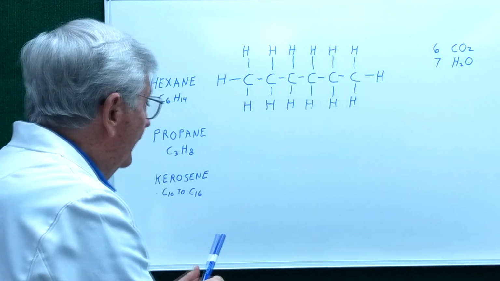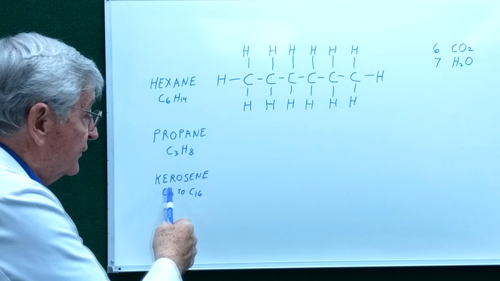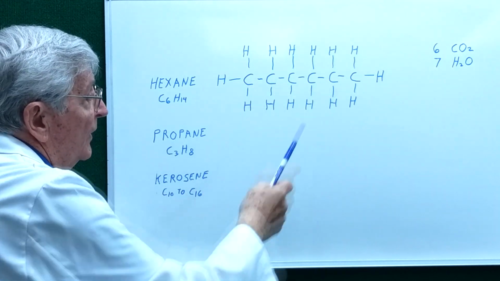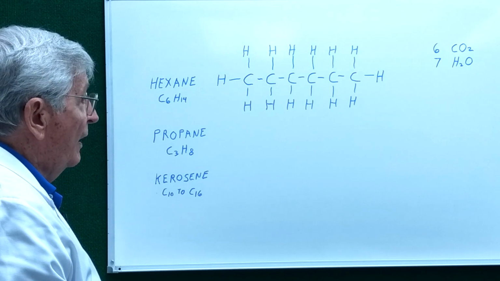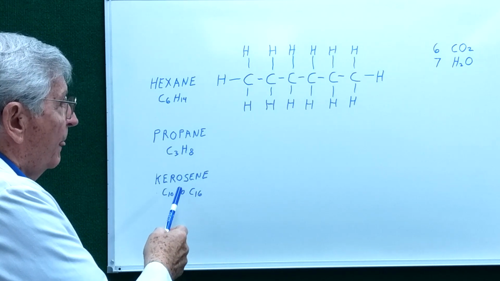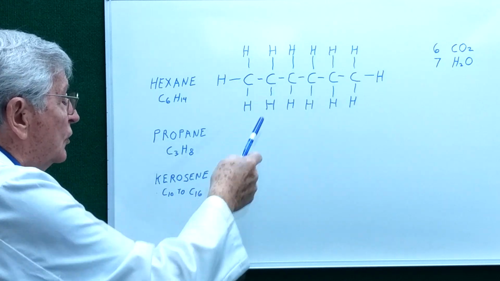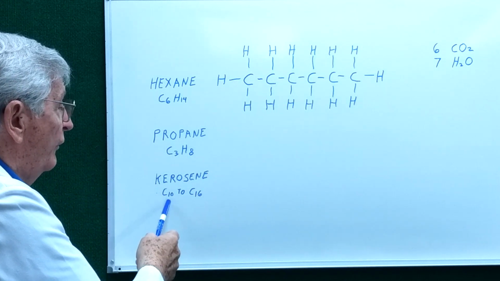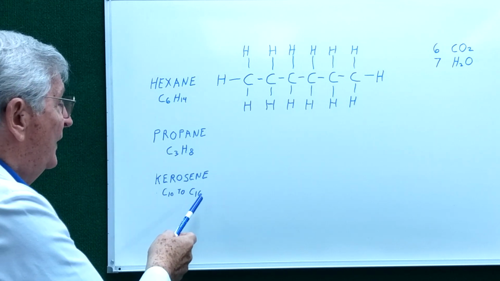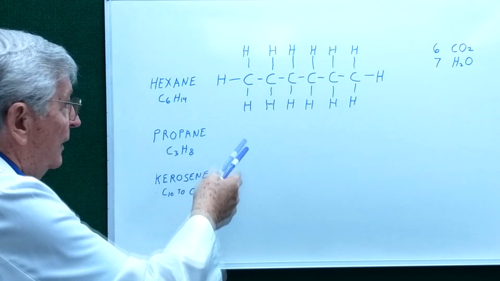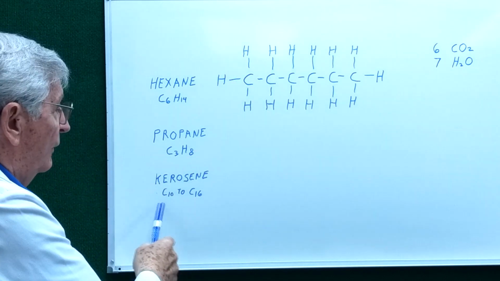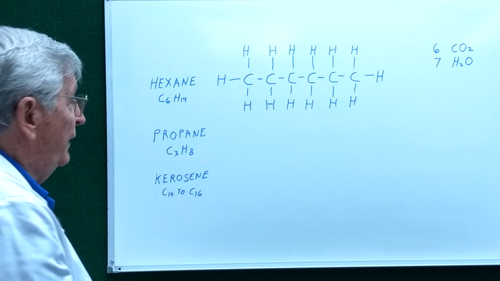Now jet aircraft essentially burn kerosene. Kerosene is a mixture of long chain hydrocarbons, and each constituent of kerosene varies between a C10 and a C16. Of course, the hydrogens are connected the same way, so the amount of hydrogen will vary.